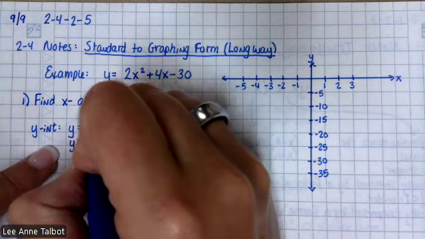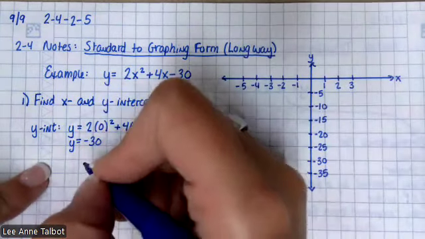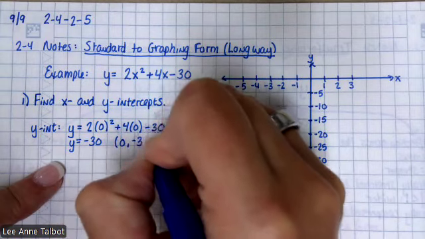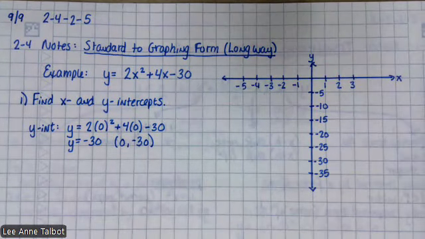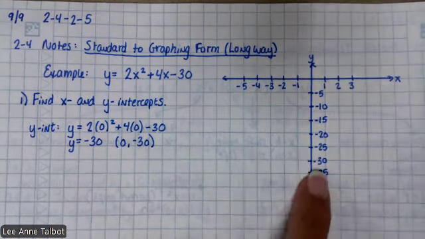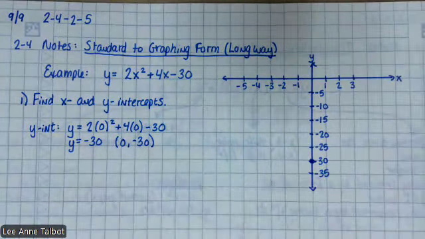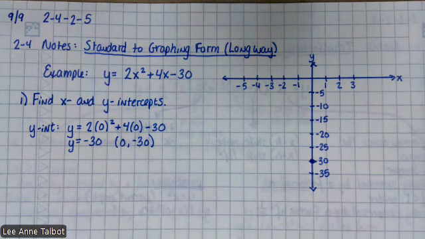Y equals negative 30, which is the coordinate 0, negative 30. And then come over here to your graph and graph a dot on 0, negative 30. Okay, that's not the vertex. That's just the y-intercept. Do you have any questions so far?